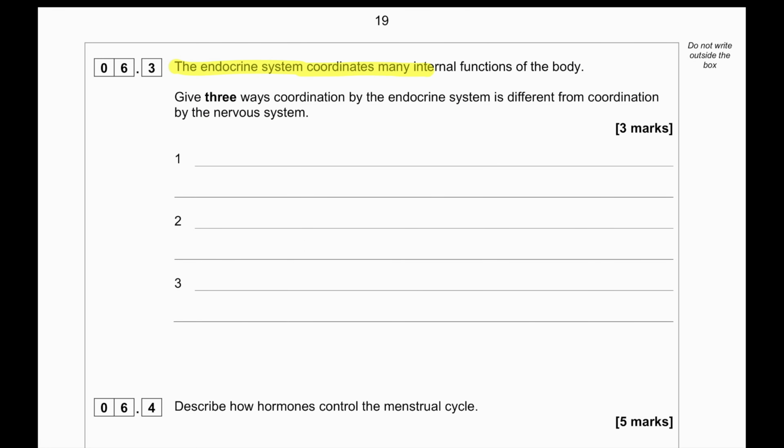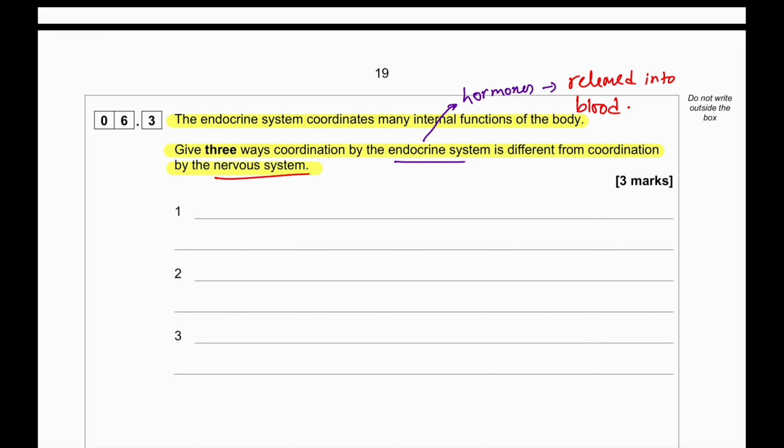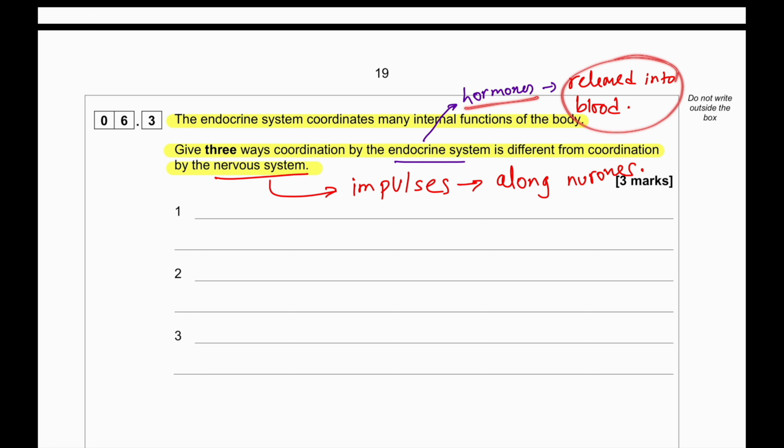The endocrine system coordinates many internal functions of the body. Give three ways coordination by the endocrine system is different from coordination by the nervous system. Coordination by the endocrine system uses hormones, which are released directly into the blood. And the nervous system sends impulses along neurons. Since hormones are released into the blood, this system is often much slower in comparison to impulses, which are faster.